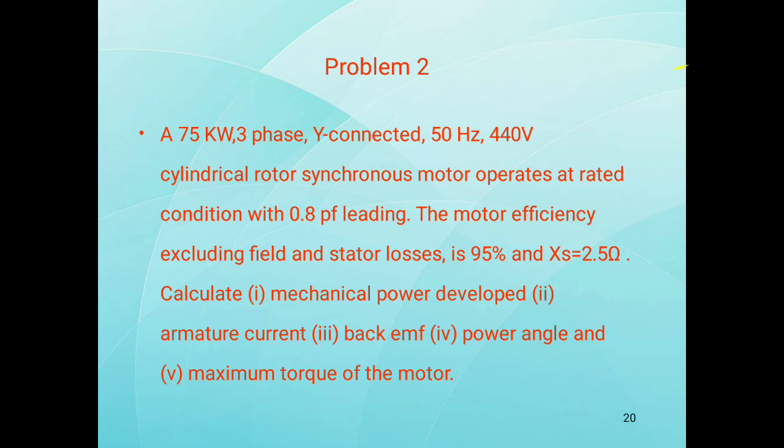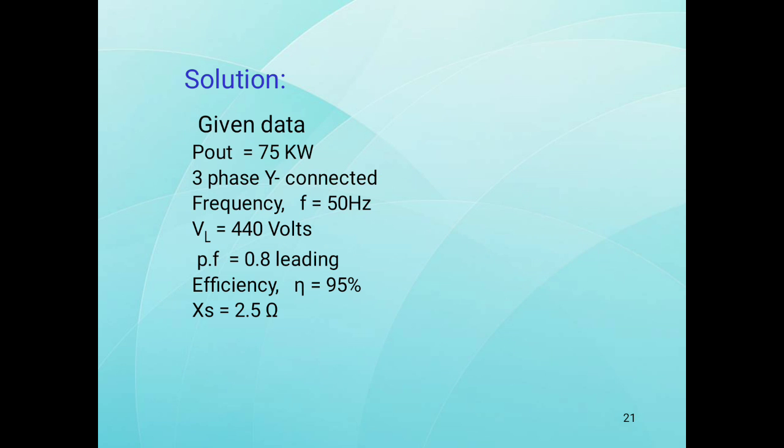Xs is 2.5 ohms. Calculate first the mechanical power developed, the second one is armature current, third one is back EMF, fourth one is power angle, and fifth one is maximum torque of the motor.